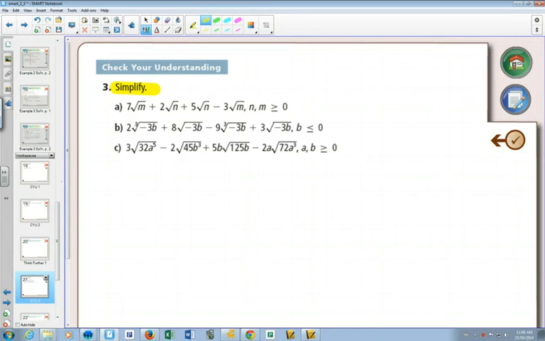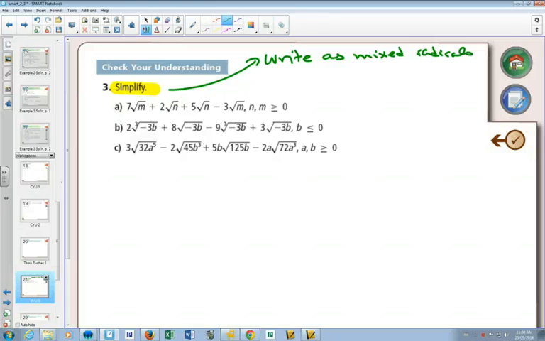One simple instruction. All it says is simplify. Okay? What that means... this is not a simple word, actually.